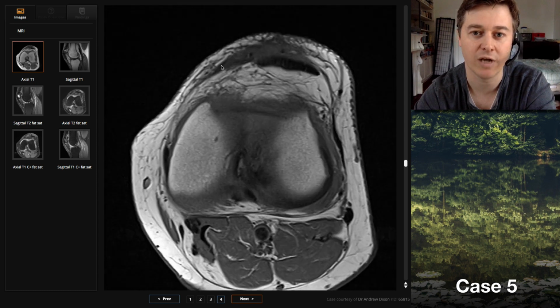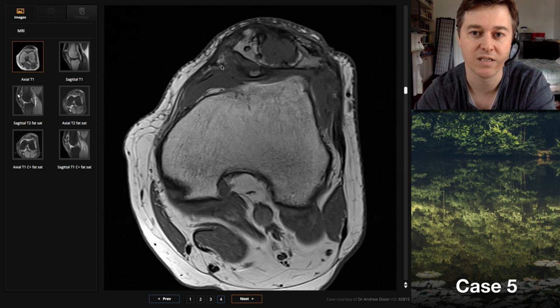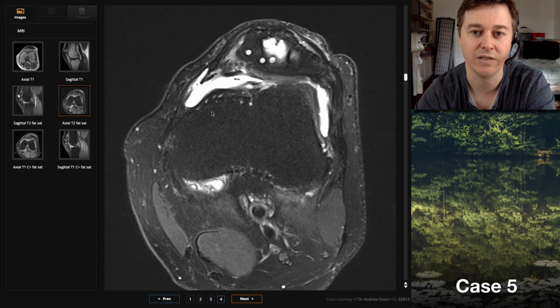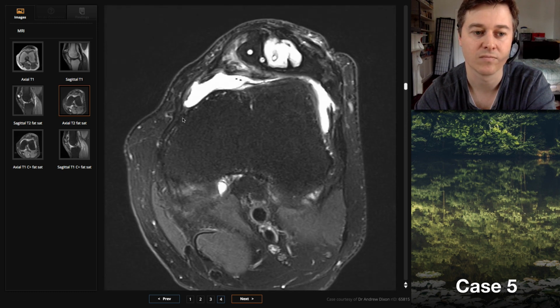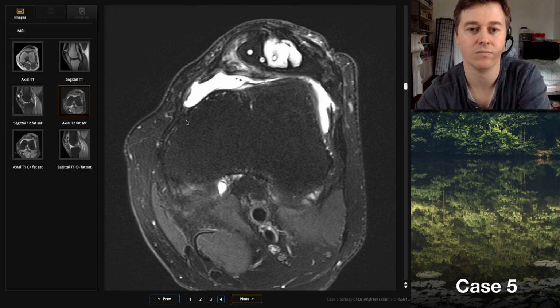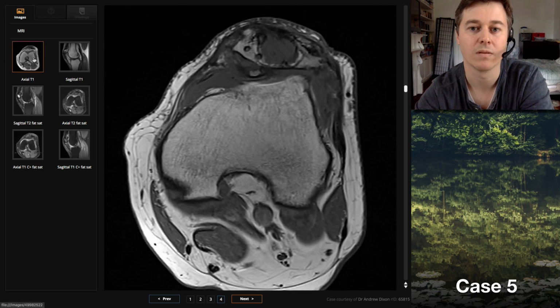All right, let's have a look at the MRI. So here's the T1 signal. And here is the T2 fat-sat signal of that lesion. So it has quite a high T2 signal, intermediate T1.